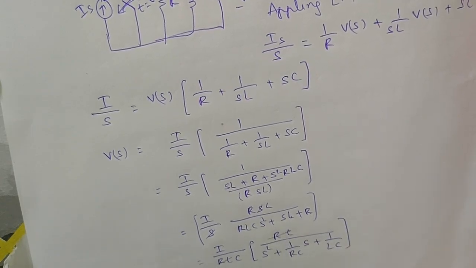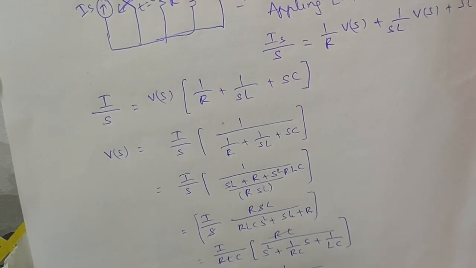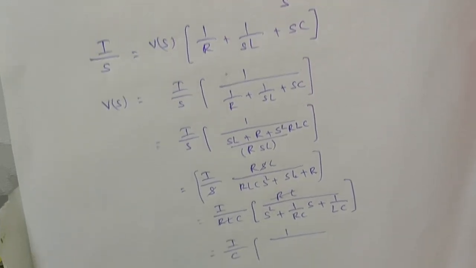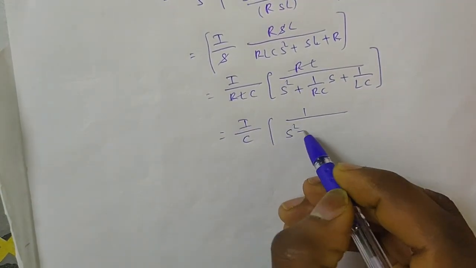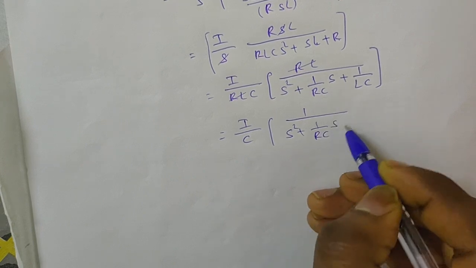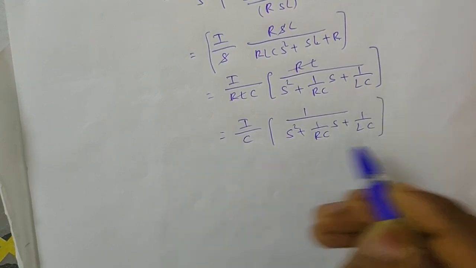This RL and RL are cancelled, so 1 by C into 1 by S square plus 1 by RC into S plus 1 by LC.